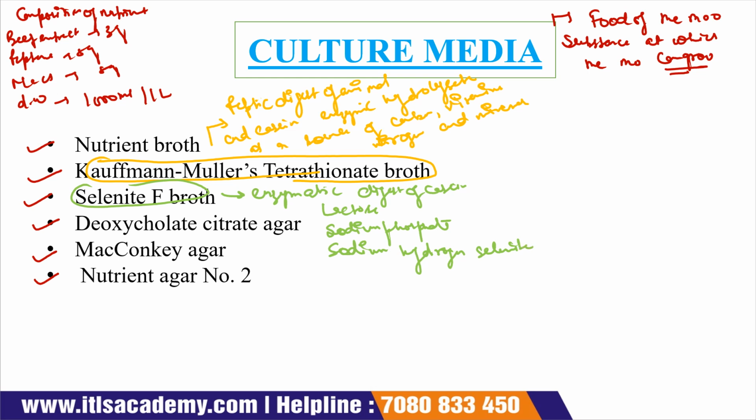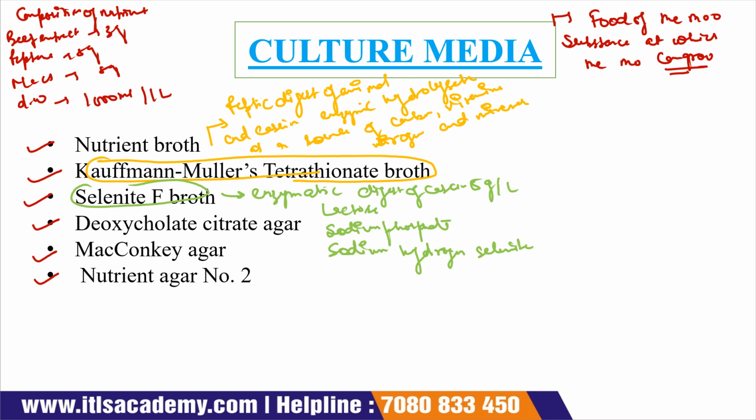Now this composition is again for 1 liter. So enzymatic digest of casein will be 5 gram per liter. Lactose will be 4 gram per liter.